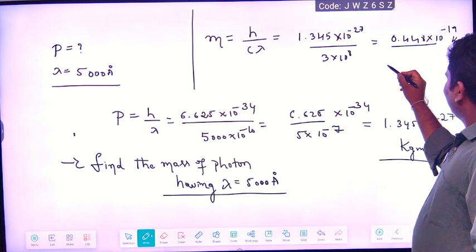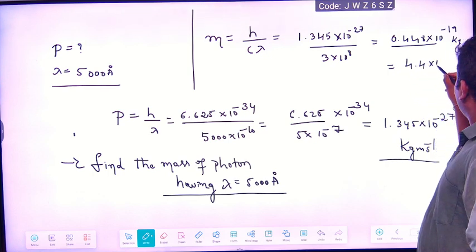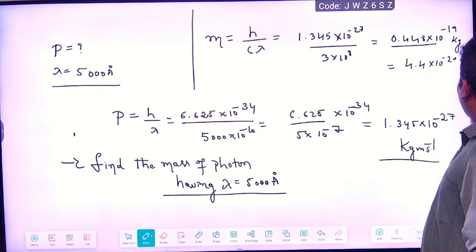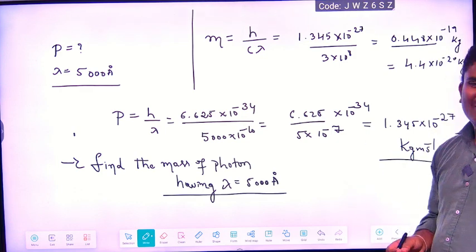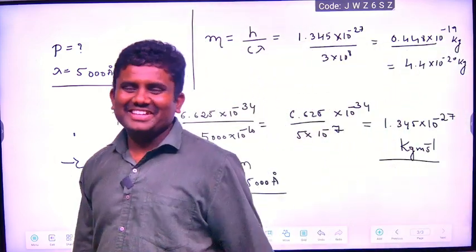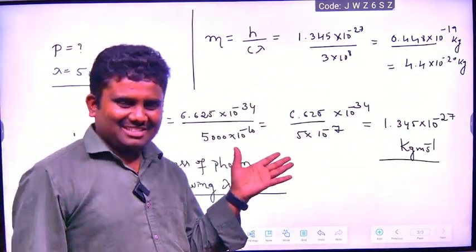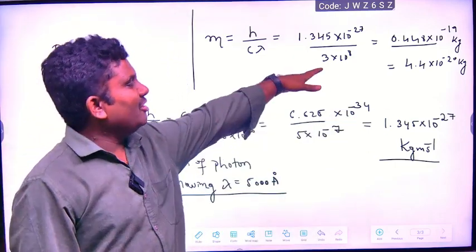It is 4.4 into 10 to the power of minus 36 kg. The photon is very, very small. Understood? That's why light is going very fast. Photons will come like anything, very fast, with a small value.